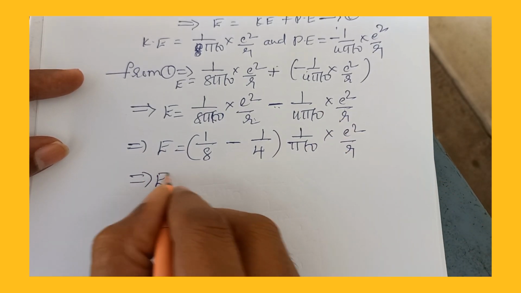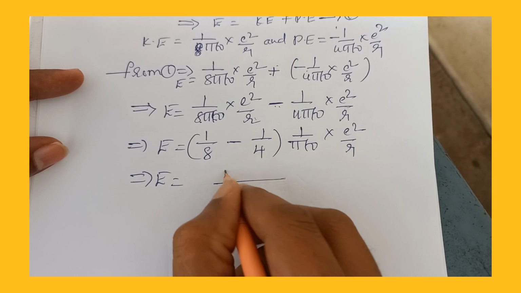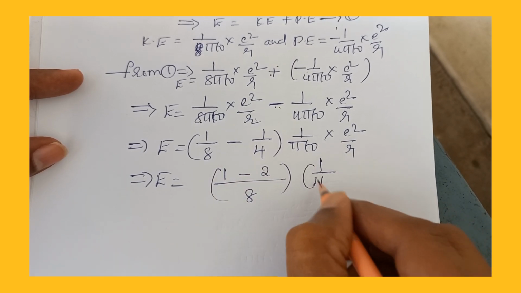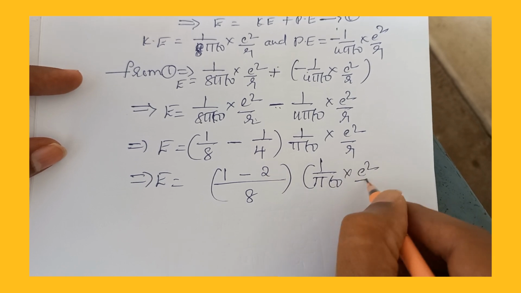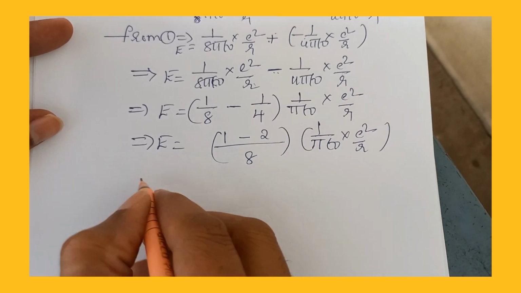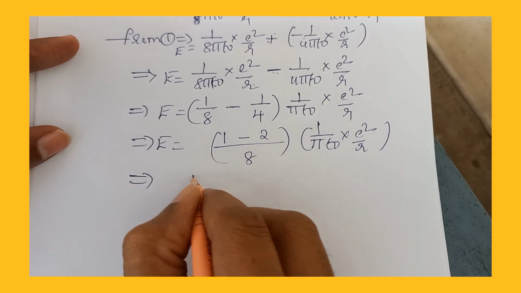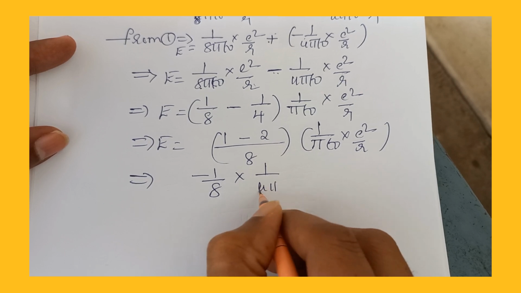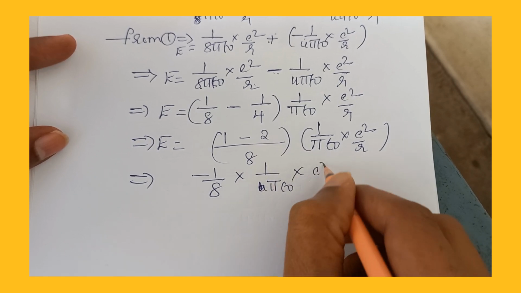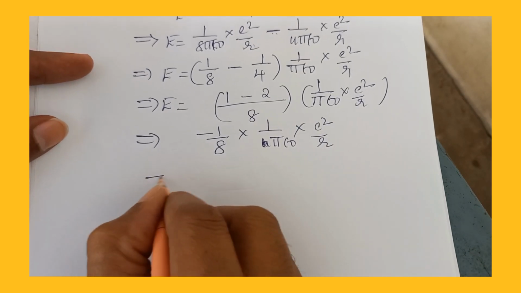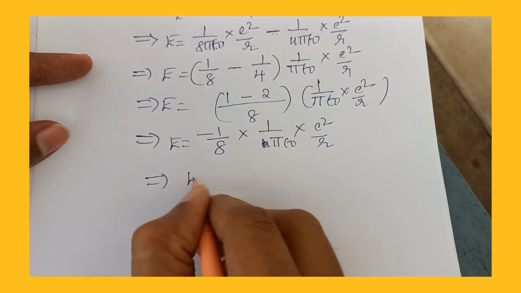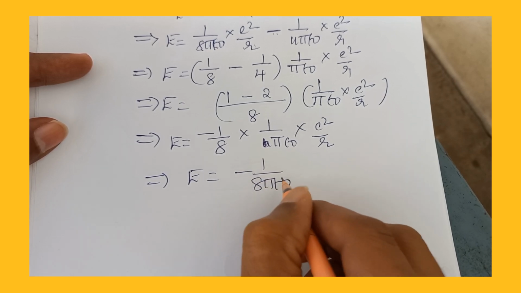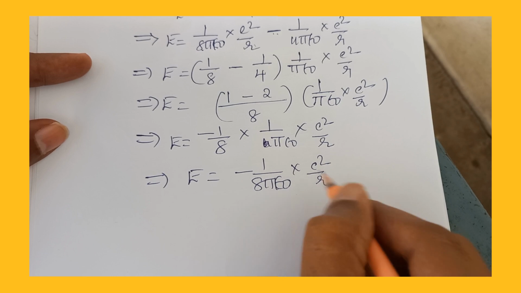Then the LCM is 8, and this will be 1 and this will be 2, into 1 by pi epsilon naught into e square by r. So now 1 minus 2 means minus 1 by 8 into 1 by pi epsilon naught into e square by r. So this implies total energy of electron E is equal to minus 1 by 8 pi epsilon naught into e square by r.